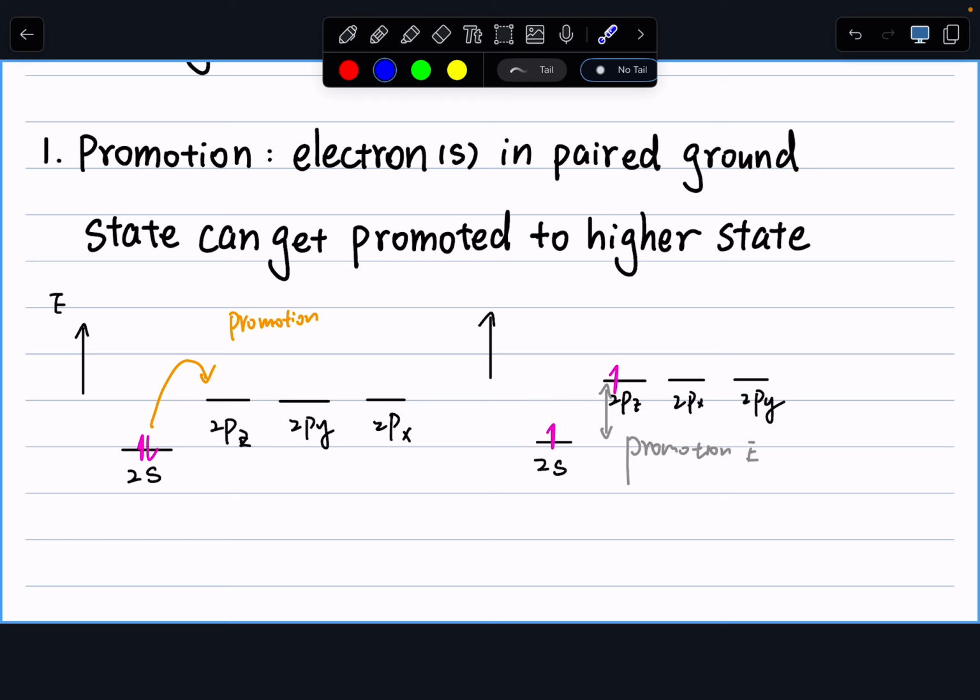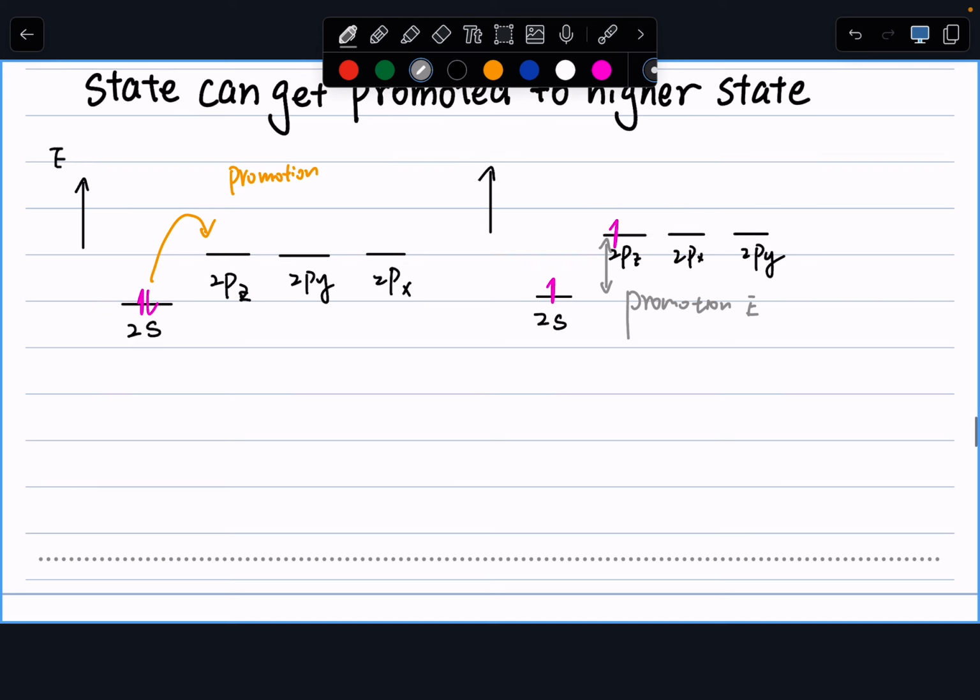So we're mixing the s and the p orbital to make hybridized orbitals. So when doing that, we end up getting a mixed orbital that we call sp orbital.